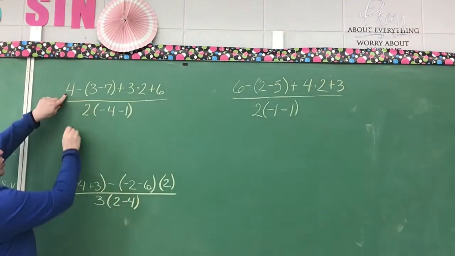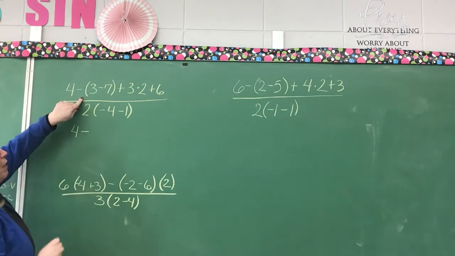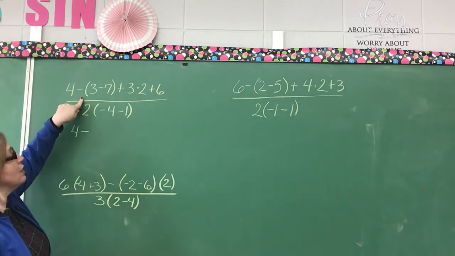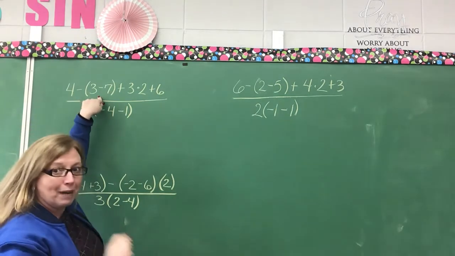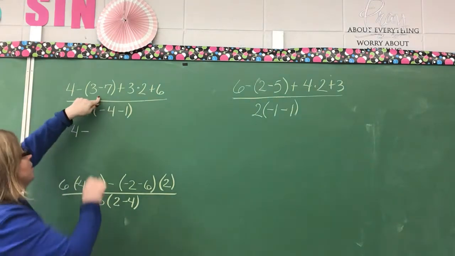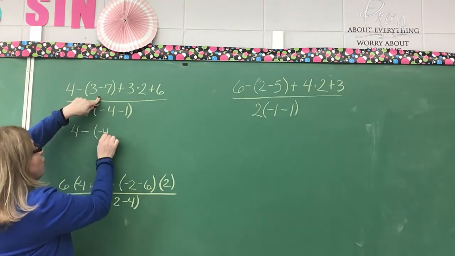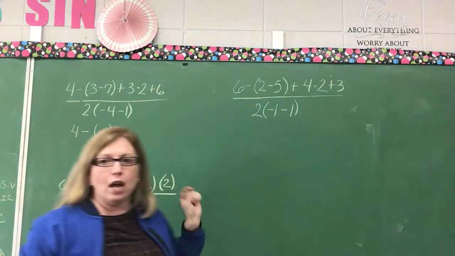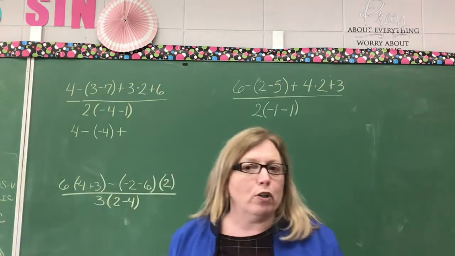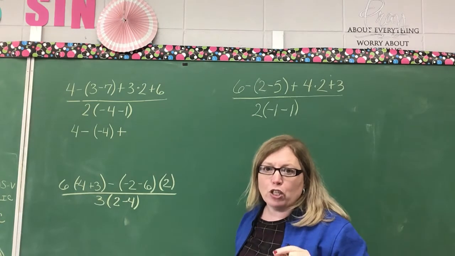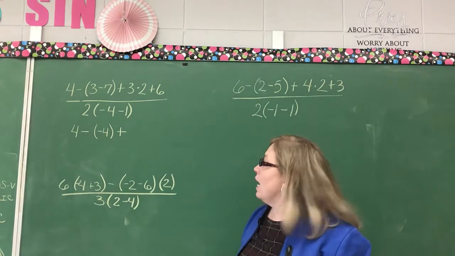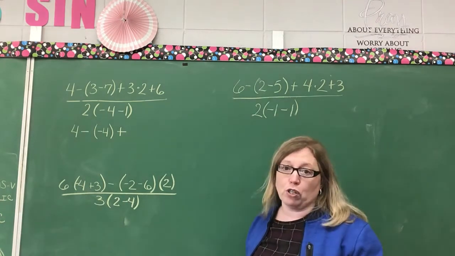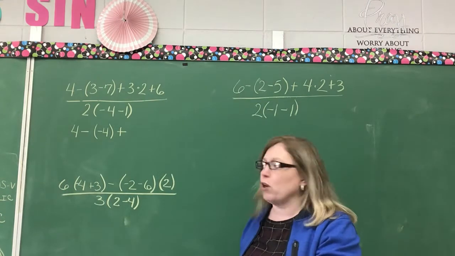We have 4, which we're just going to keep, minus, which we're going to keep because it's outside our parentheses. Then we have 3 minus 7, which is negative 4, plus, now I have 3 times 2 plus 6. What do I do first? I'm going to do 3 times 2 first because you multiply before you add.